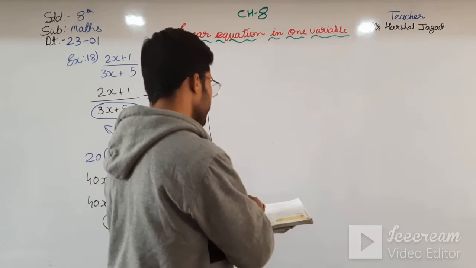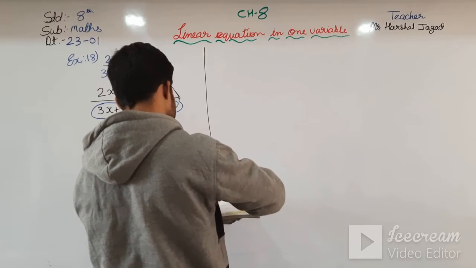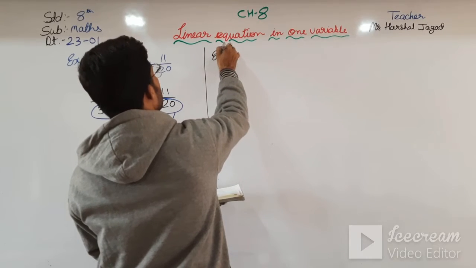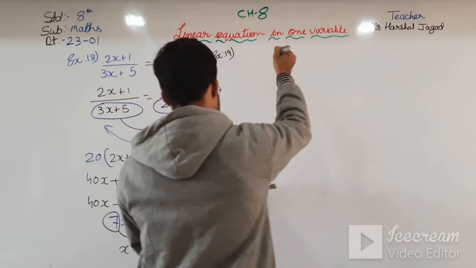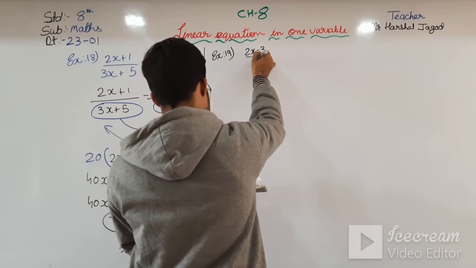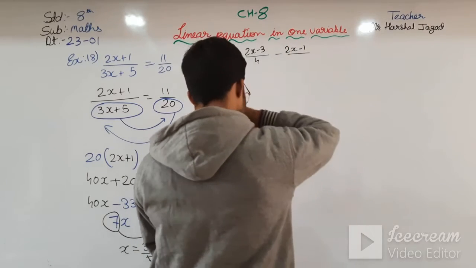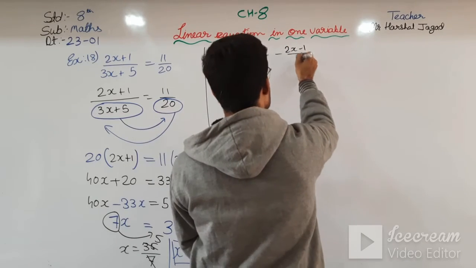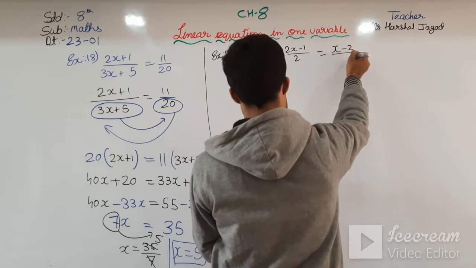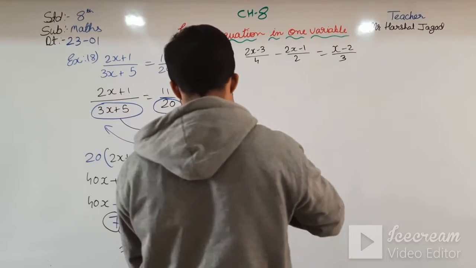So in example number 19, you can see (2x - 3) upon 4 minus (2x - 1) upon 2 is equal to (x - 2) upon 3. Okay, (x - 2) upon 3.